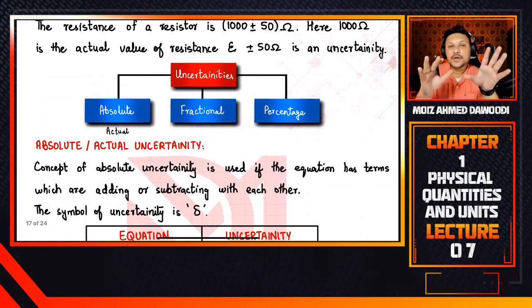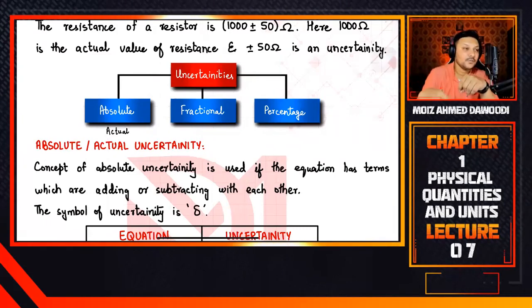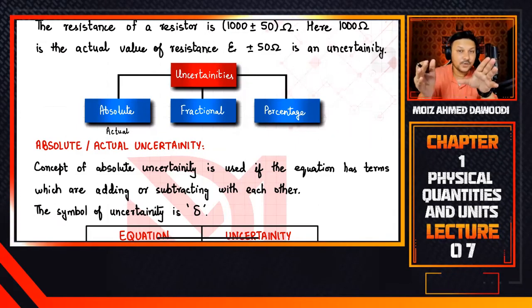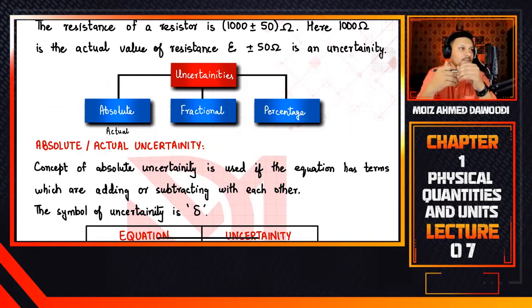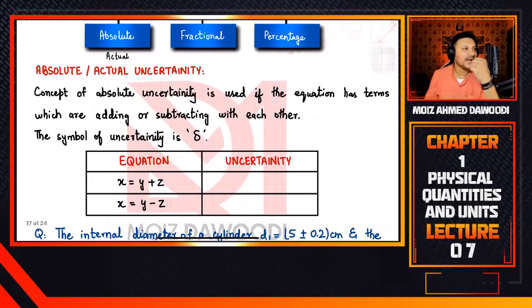Look at your equation. If your equation has terms with addition or subtraction, then you go with the concept of absolute or actual uncertainty. Matlab, let's have an example. Let's say I have an equation x equals y plus z.